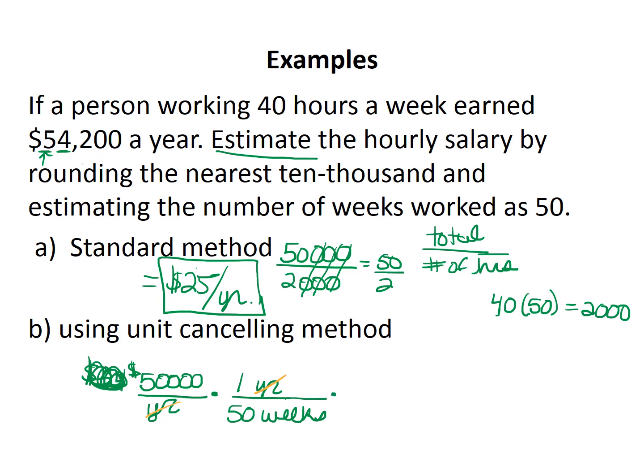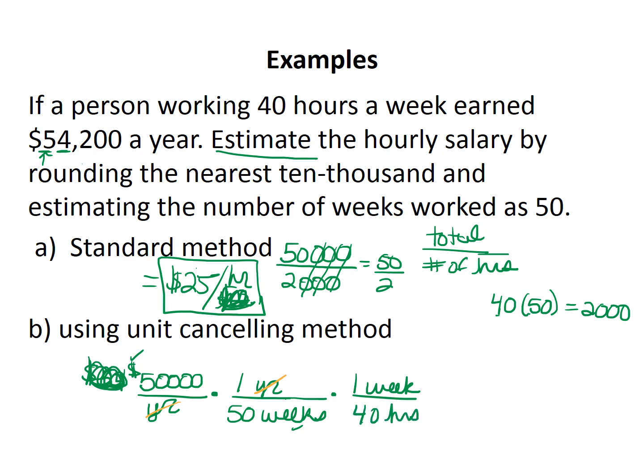And you're always timesing, but you just have to figure out. So right now you're in dollars per week, and you want dollars per hour. It should be hour right there. I estimate the hourly salary, so we want dollars per hour. So 1 week is 40 hours.